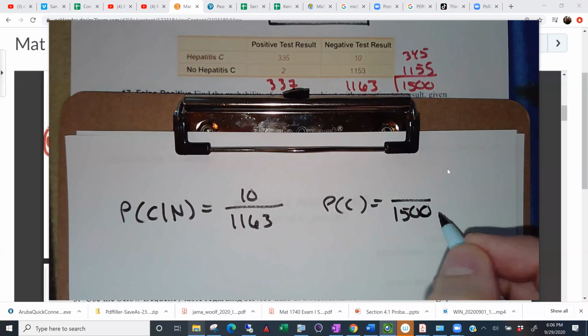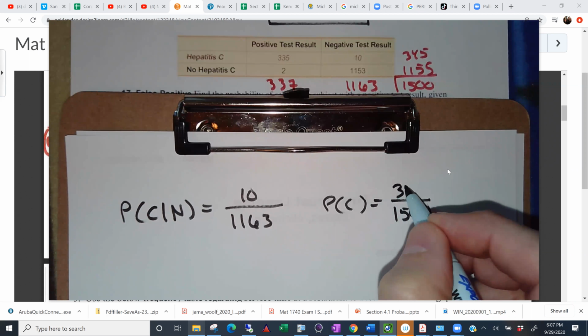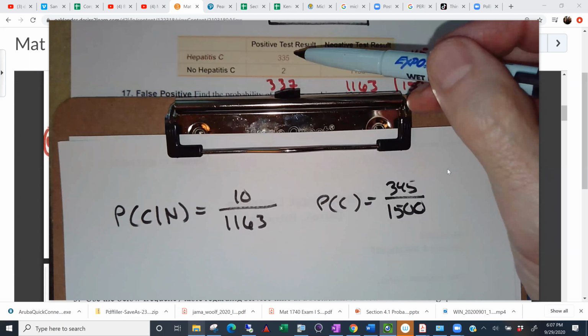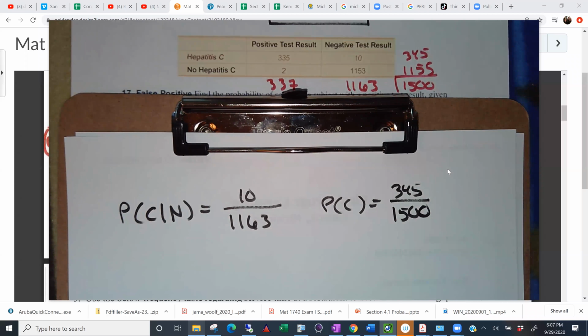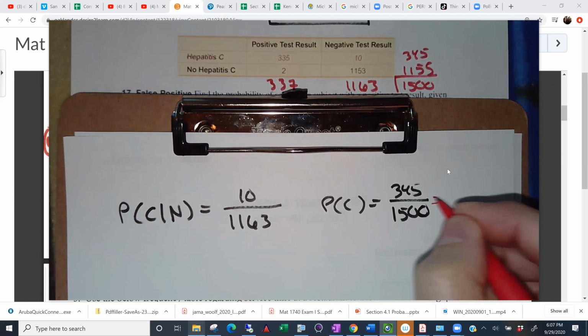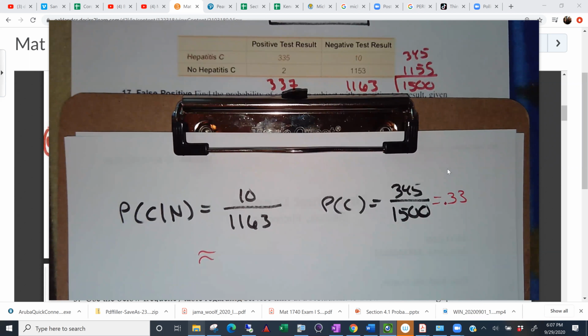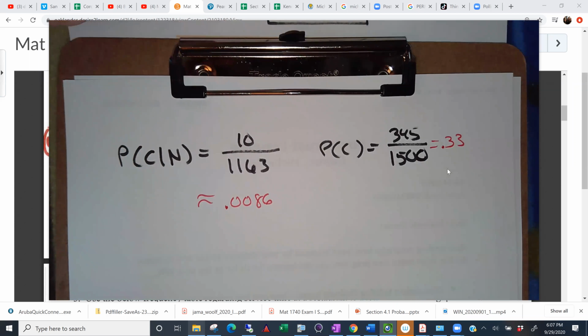And of these, how many people had hepatitis C? 345. The marginal total, not just those that tested positive, but everybody. So 345 out of 1,500. Now that's exactly 33%. This one, you gotta pull out a calculator for, but it's about 0.0086, or 0.86%, less than 1% chance.